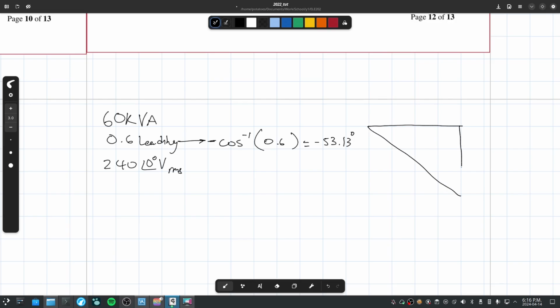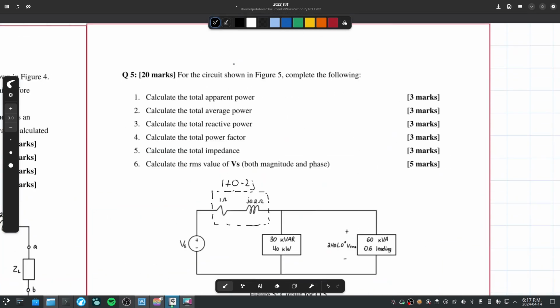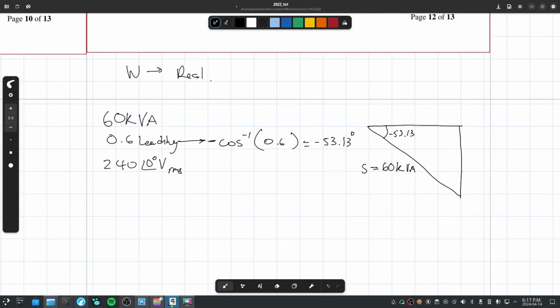You can draw your power triangle as large or as small as you want. It doesn't matter. This angle here is negative 53.13. This here is 60,000 volt-amps. So in case you don't know, watts is the real component, also known as the average power.